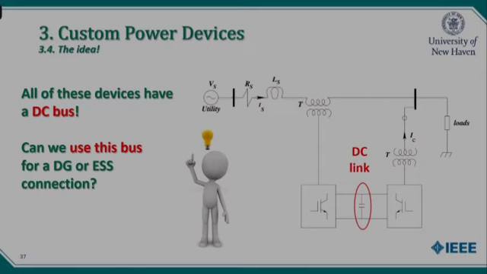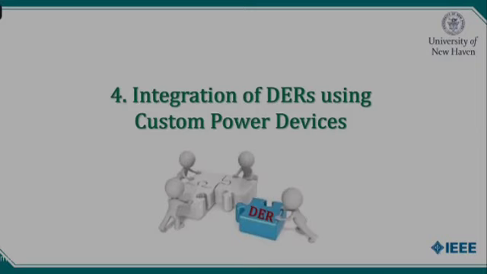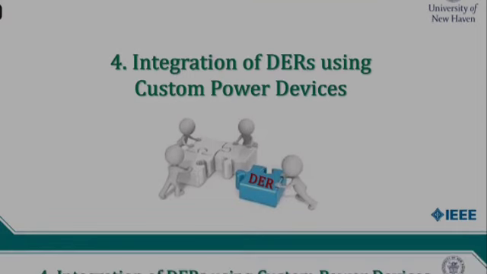Is it possible to use this DC link in order to have a new connection or new player in this problem? Next slide. In order to respond to this question, in section 4, we will present the possible integration of DERs, distributed energy resources, using CUPs, custom power devices. Next slide.